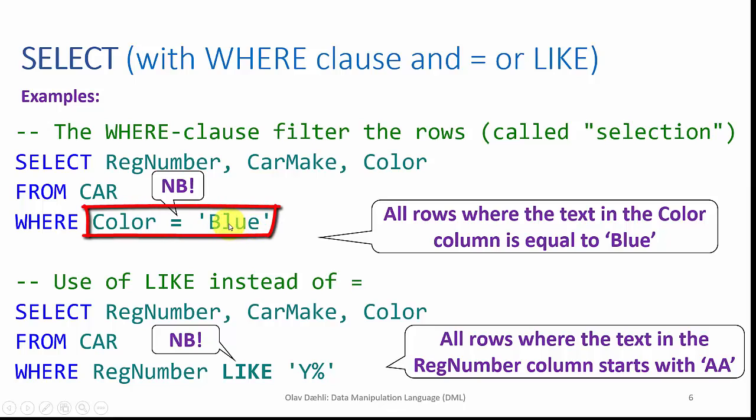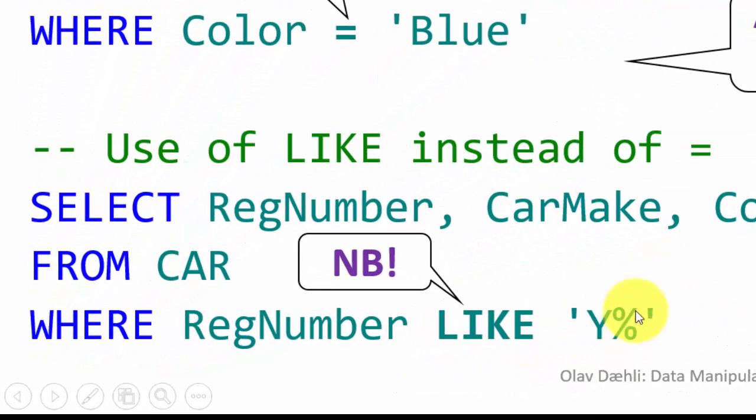But it's not always that we want to check if a value is exactly like a value. Sometimes we want to use a wildcard instead to specify that whatever the characters are here, as long as it starts with what we put in front here, we want the rows in return. And then we use the like keyword instead.